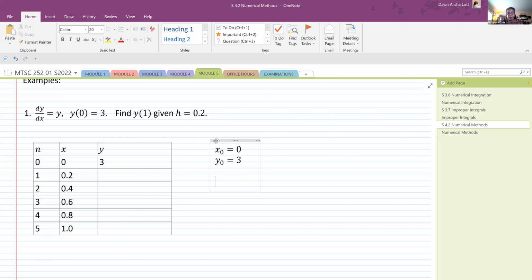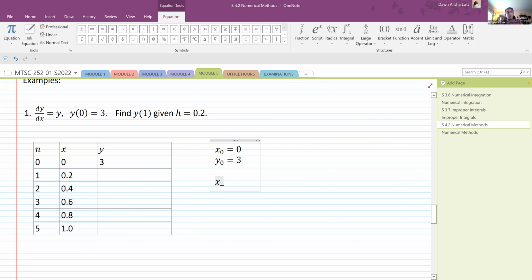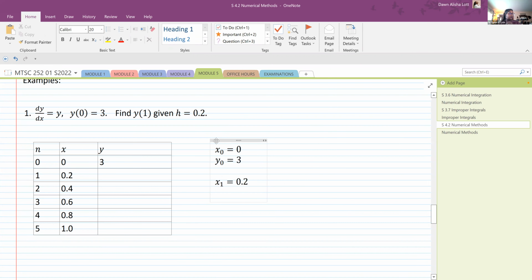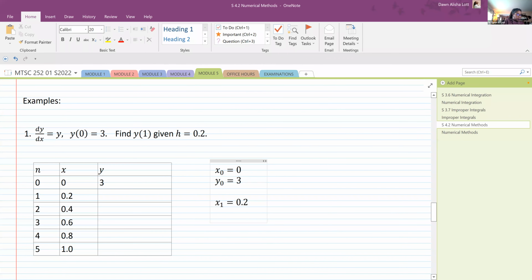All right, so now x1 is simply equal to 0.2. Now we have to find y1. So we need our formula. y at n is going to be y at n minus 1 plus h times f of x at n minus 1, y at n minus 1.